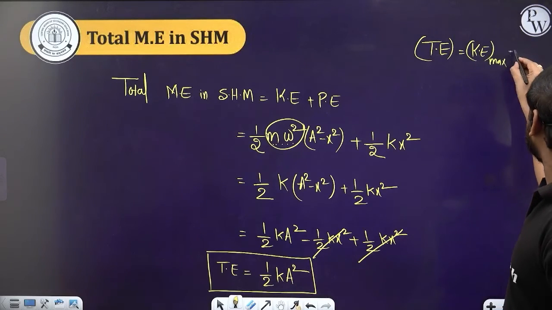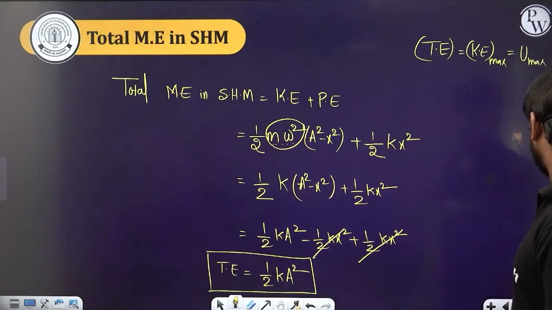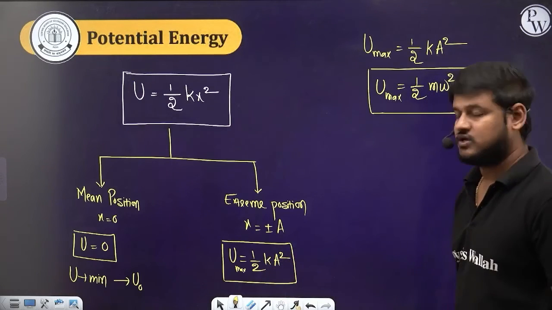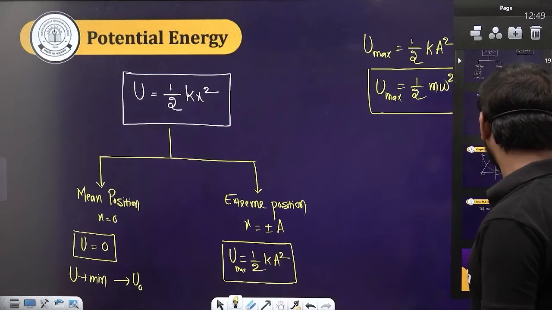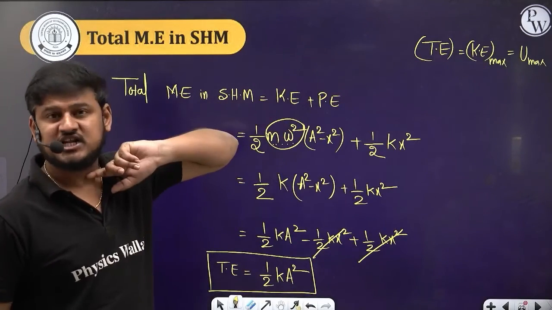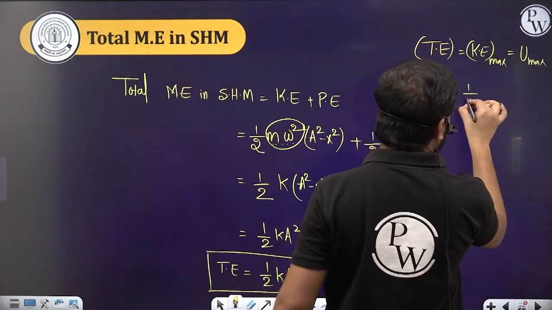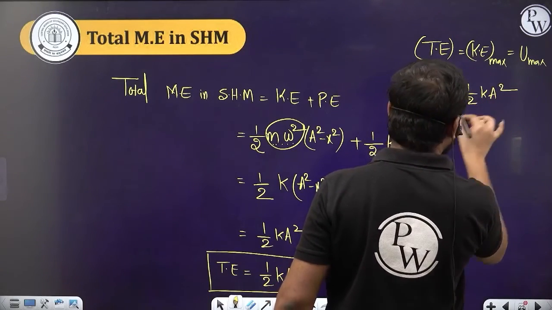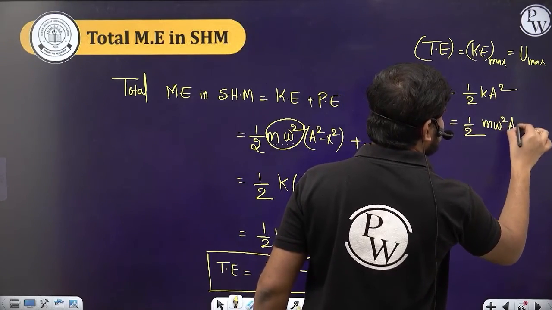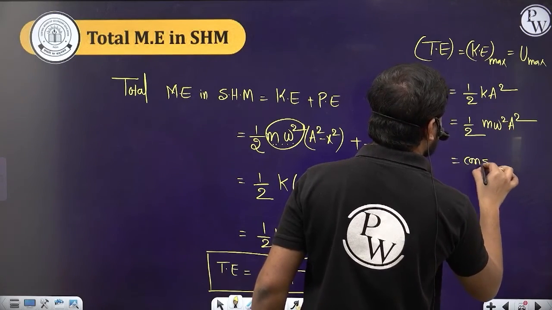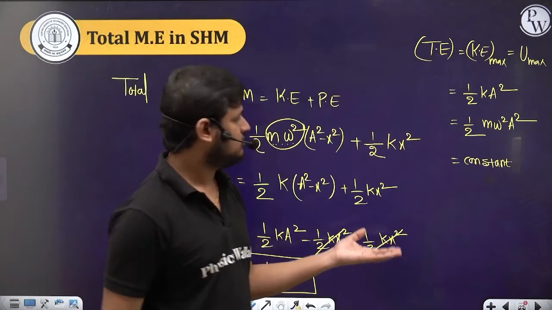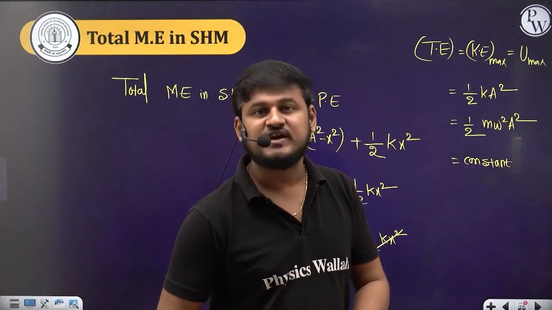So the total energy is equal to KE max and U max, which is half k a square, or half m omega square a square. So the total energy is constant. This is called the conservation of energy, right?